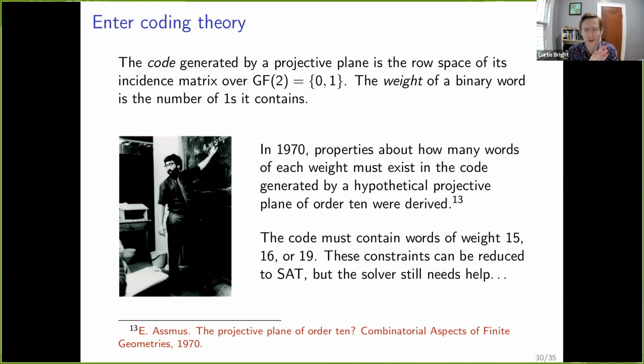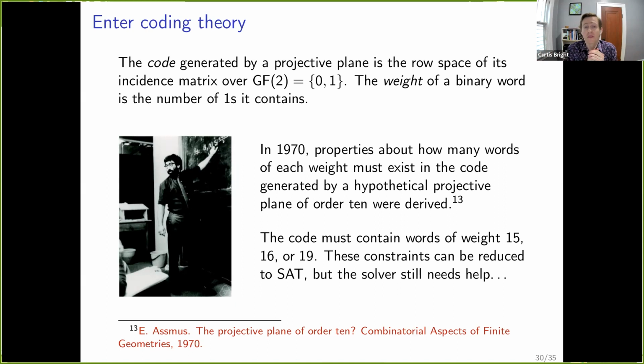Here's the cool part. Based on these things called the MacWilliams identities, you can analyze the weight distribution of the code. That is the number of vectors of a given weight in this hypothetical code. We don't even know if it exists, but if it does exist, you can prove that there must exist vectors of weights either 15, 16, or 19 in this code. Absolutely phenomenal. It's amazing.